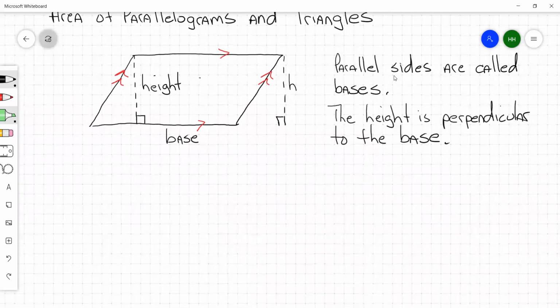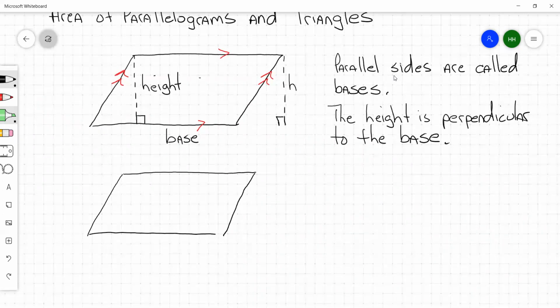Let's draw another one of these. Now, if you're given this dimension, let's put it right here. Where's a good place to put it? Right here.